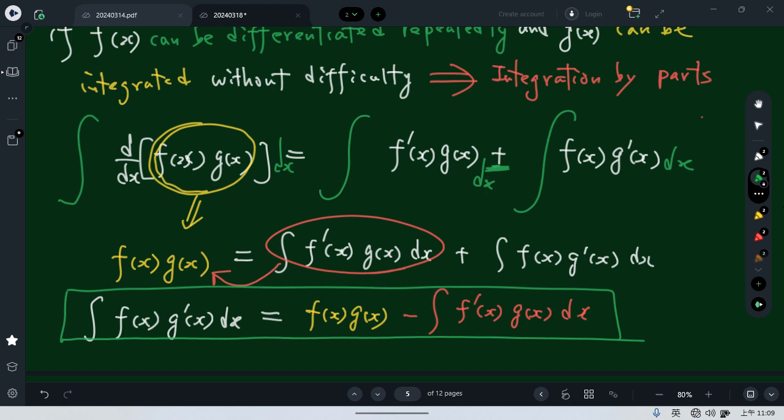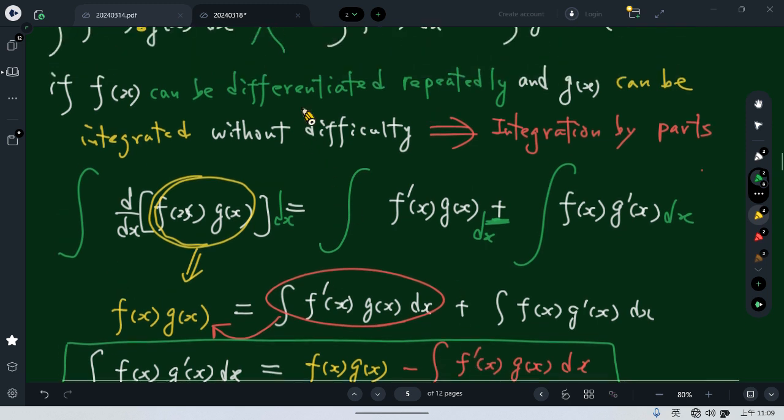Right? From the viewpoint of f of x, f of x will become f prime x. From f of x to f prime x, that means differentiated.